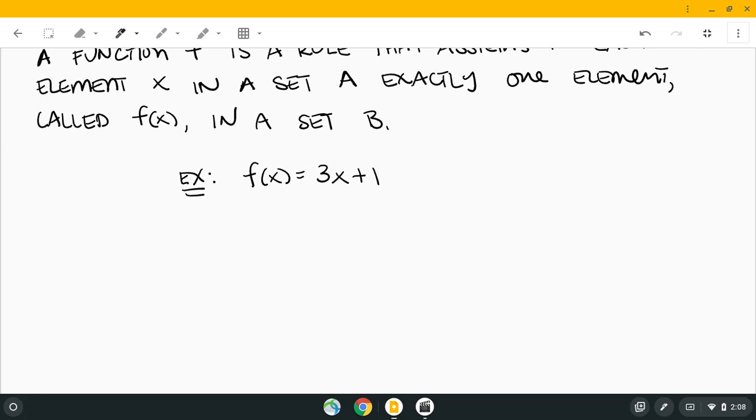All right, so the set A. Remember, the set A is where all the x's are coming from. So the set A is the domain of the function.